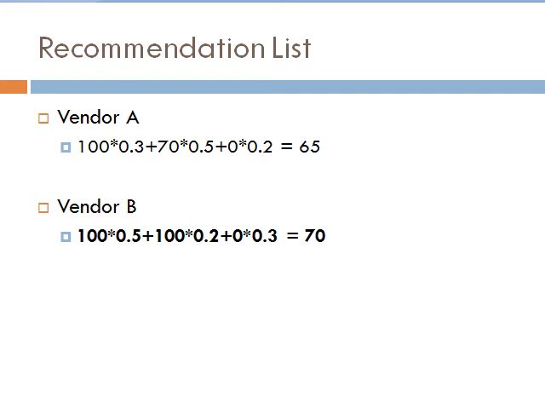The rating of 100 for compatibility is multiplied by the weight of 0.2, and the rating of ease of use of 0 is multiplied by the weight of 0.3. All these numbers are summed to give an overall number. As seen, vendor B has a higher figure than vendor A, so it is recommended to the experts to select vendor B.